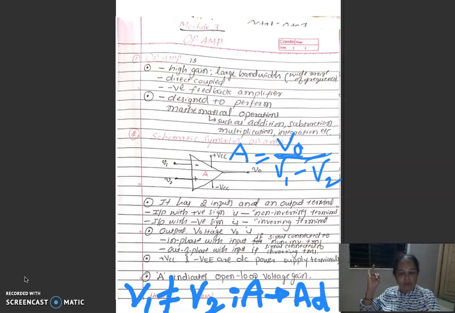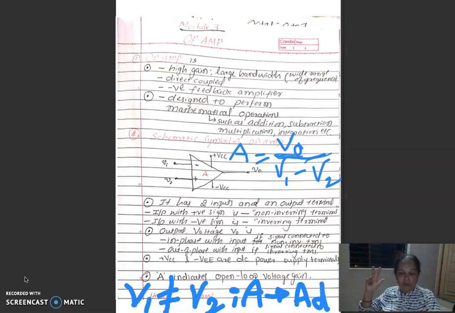Then next you are going to deal with various op-amp parameters. After op-amp parameters, you are going to deal with the applications of op-amp. Under the applications of op-amp, you are going to deal with the first application. You are going to see the op-amp as an inverting amplifier. Then you are going to see it as a non-inverting amplifier.